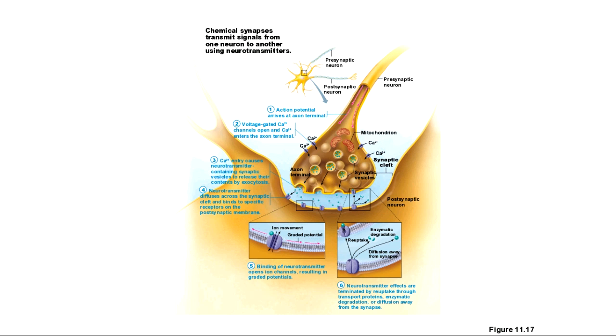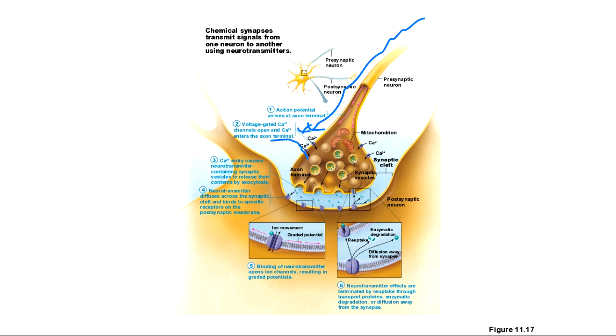Okay, if you have your action potential going down your presynaptic neuron here, it moves on down. So we have negative, negative, negative, which is what electrical charge is, and it triggers voltage-gated calcium channels. And this causes calcium to go into the cell.